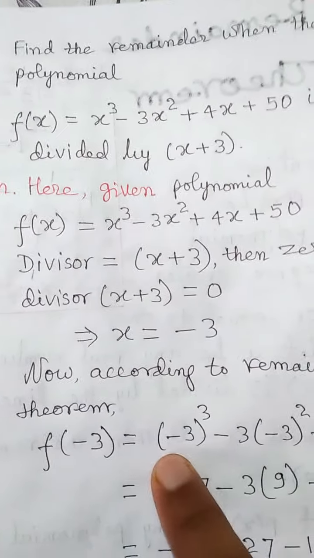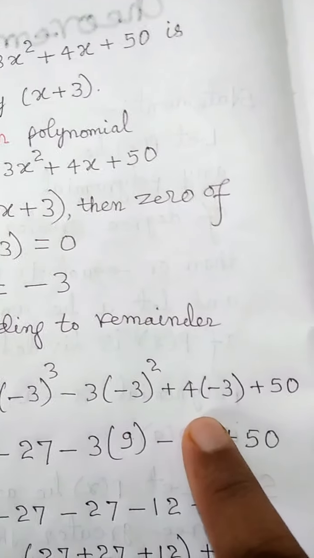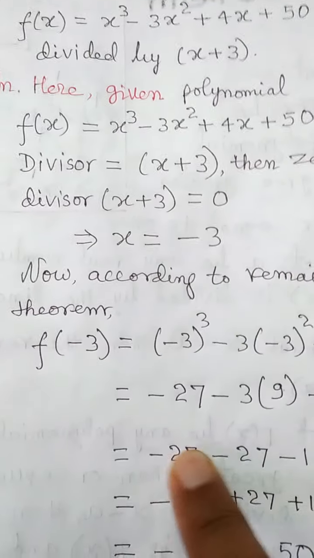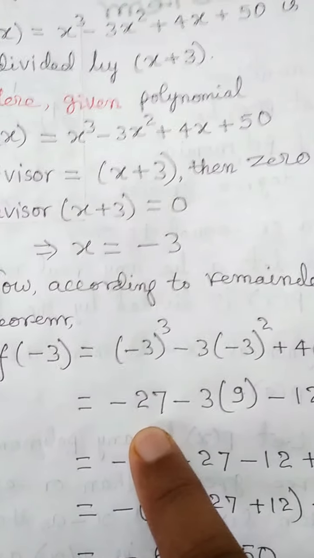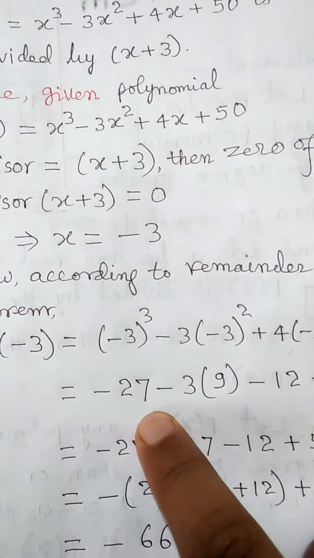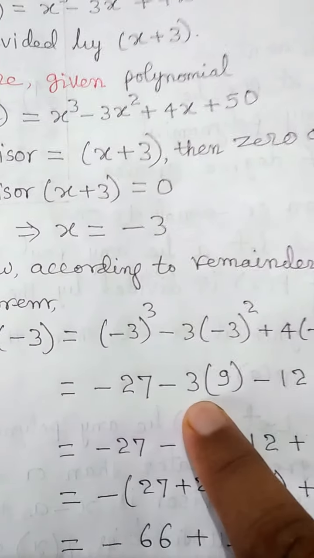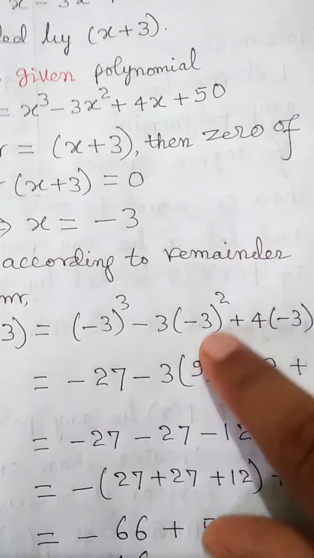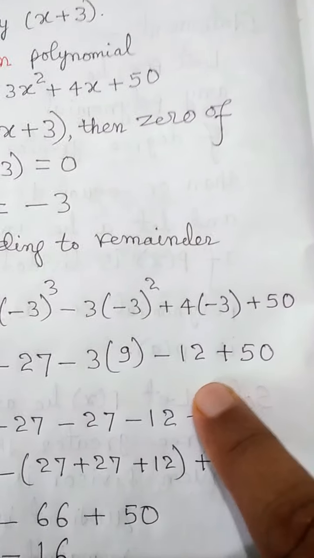Now f(minus 3) is equal to (minus 3) whole cube minus 3 into (minus 3) square plus 4 into (minus 3) plus 50. That is equal to minus 27, as 3 into 3 into 3 gives us 27, minus because of an odd number of times. So minus 27 minus 3 into 9, that is 27, minus 4 into 3, that is 12, plus 50.